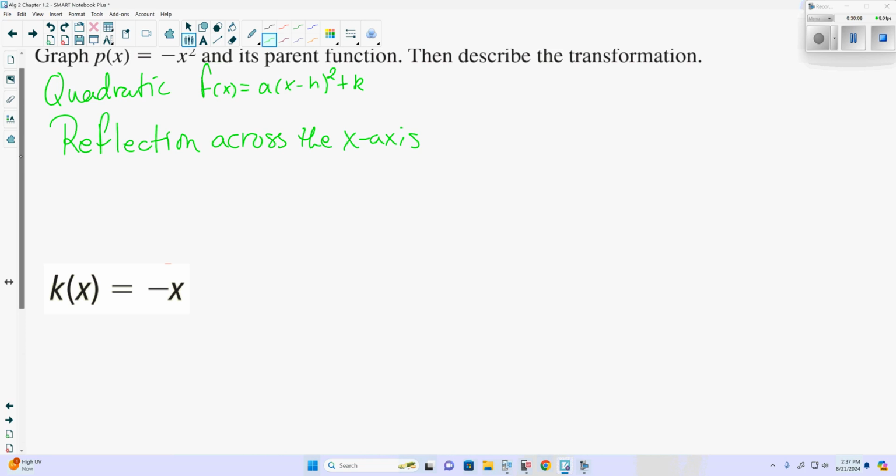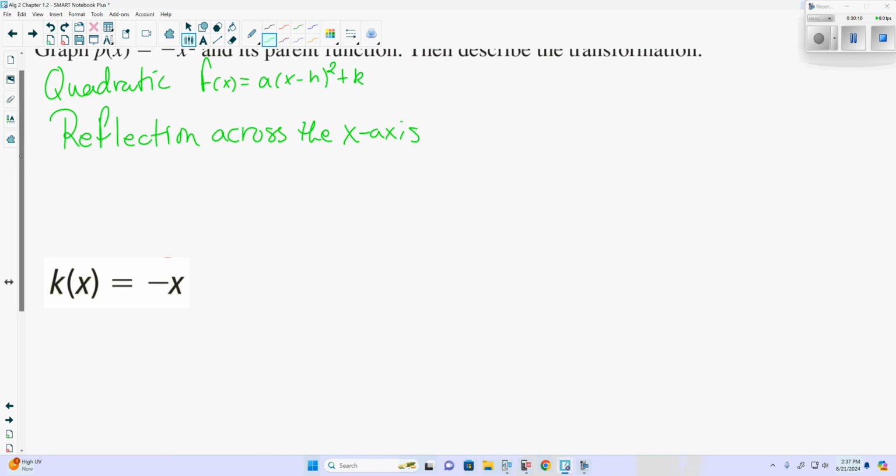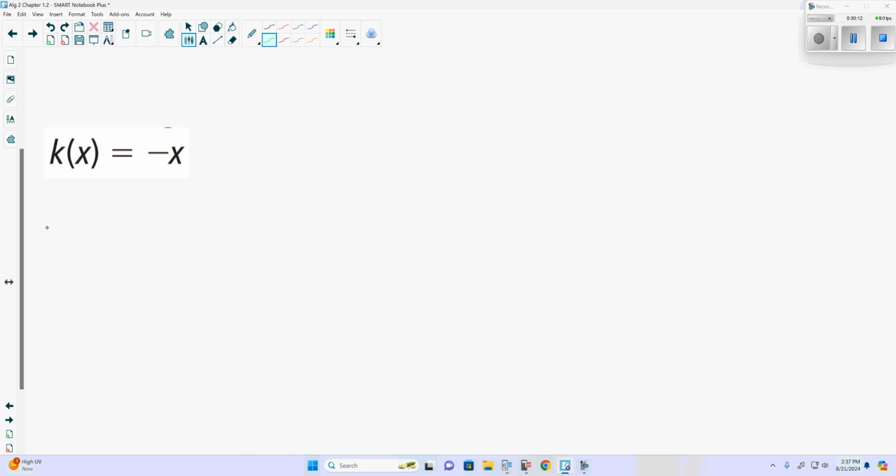K of x equals negative x. What is its parent? Linear. Again, no h and k. But the value of a, or the sign with a, is negative.